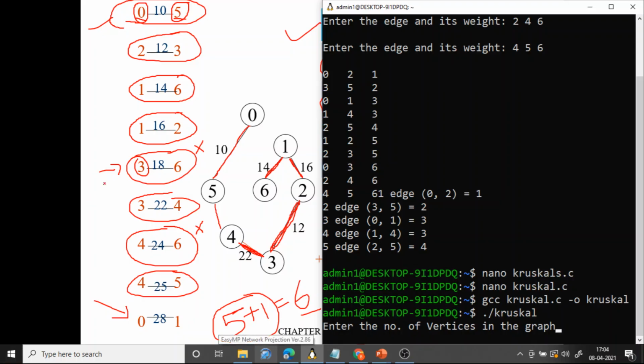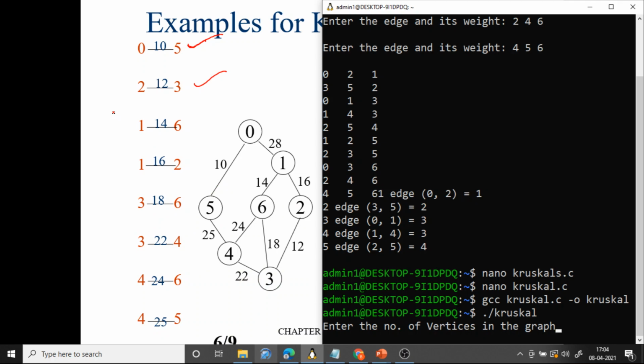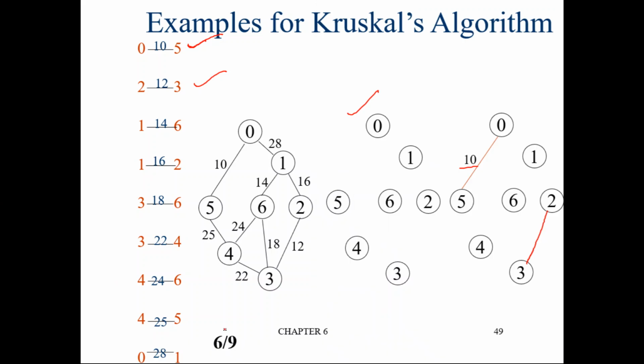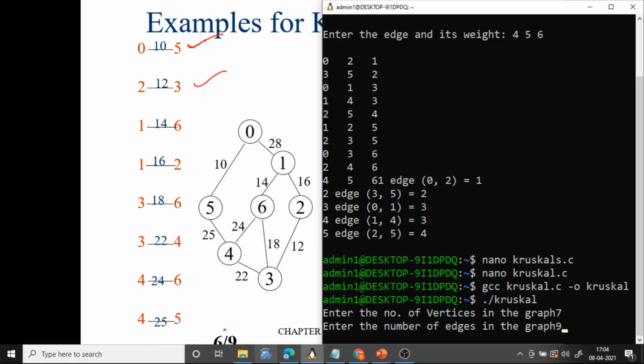Number of vertices is 7. Number of edges is 9: 1, 2, 3, 4, 5, 6, 7, 8, 9. One more edge is there that is not visible. Actually it is 7, 9. So number of edges are 9.